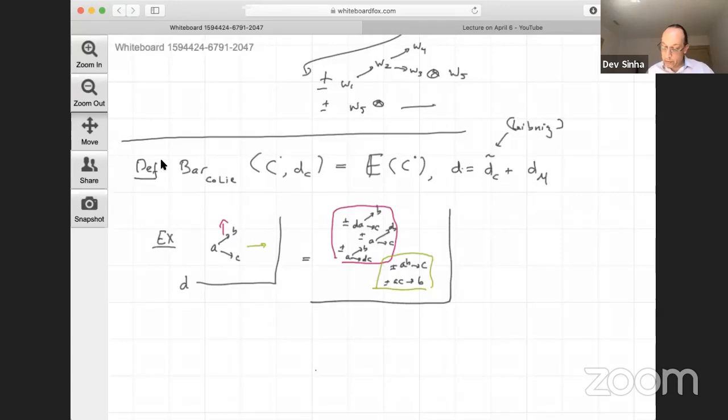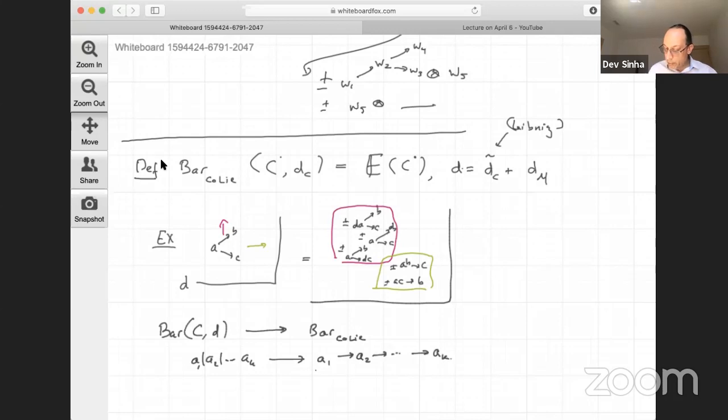So in particular, the co-associative bar construction maps to the co-Lie bar construction by sending A1 bar A2 bar ... bar AK to A1 arrow A2 arrow ... arrow AK. So contracting an edge would correspond to removing a bar, and we're still multiplying in both cases.